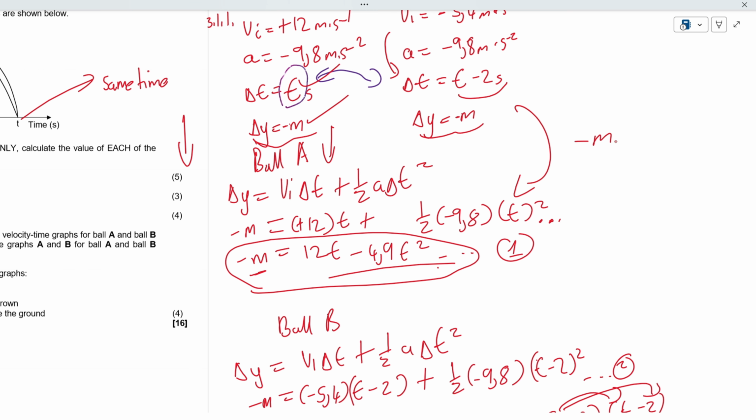When I say negative m equals 12t minus 4.9t squared, from there you just substitute.